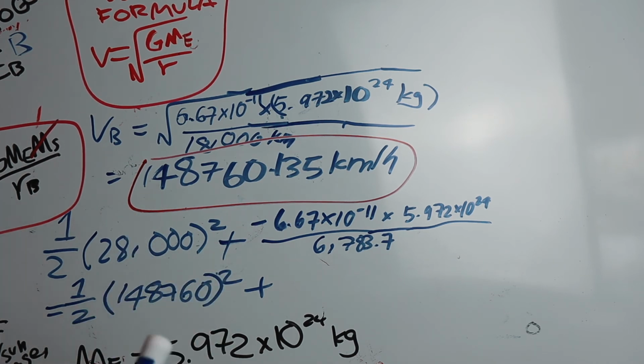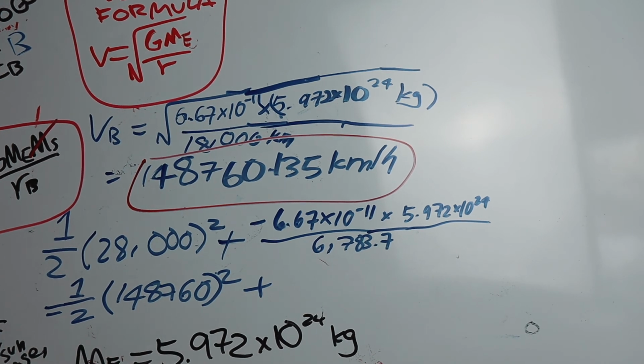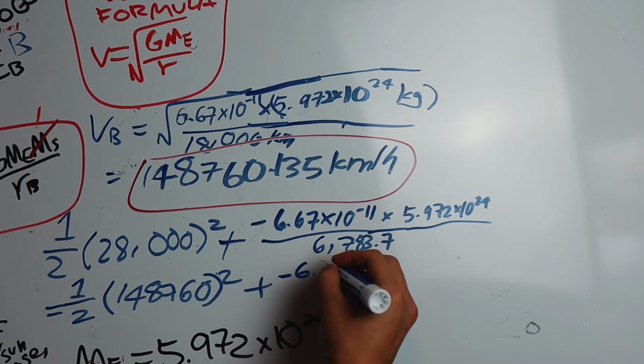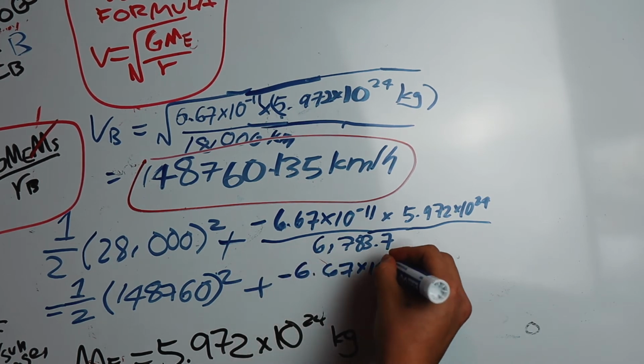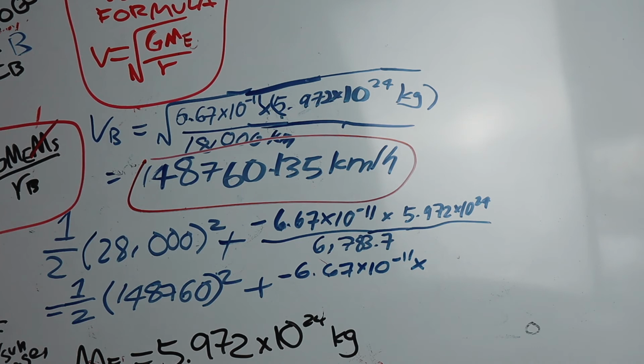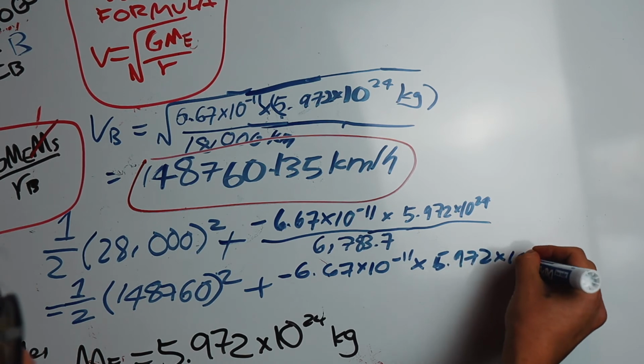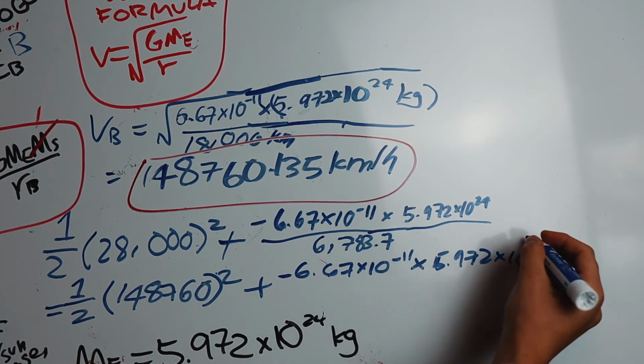We're going to prove that using this equation, the conservation of energy. So 1 over 2 times 1,048,760 squared plus negative 6.67 times 10 to the power of 11 times the mass of the Earth, which is again 5.972 times 10 to the power of 24.